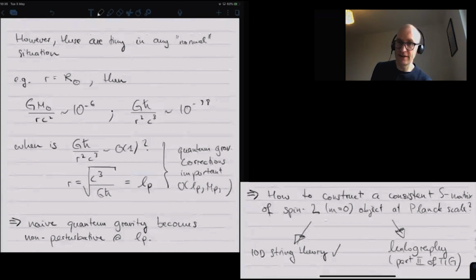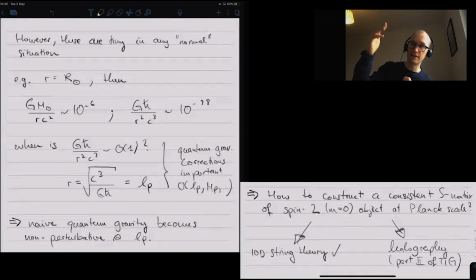They can, but I think that they would at the next order in loops. So don't ask me to do this now in my head, but we said that at a given order in the EFT expansion, so any process of the energy over cutoff, so here it would be energy over Planck energy, we're at the order E over E Planck squared here. And we've shown that the only contributions that you can get are loop diagrams from Einstein-Hilbert and tree diagrams with the curvature squared interaction. And so there, the only long-range contributions come from Einstein-Hilbert.